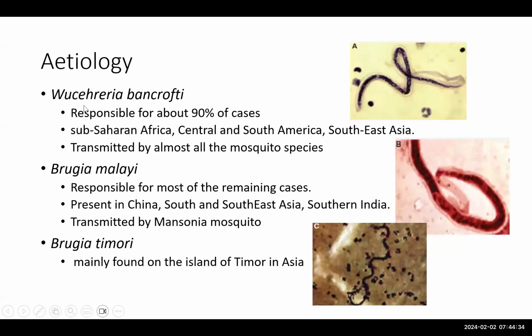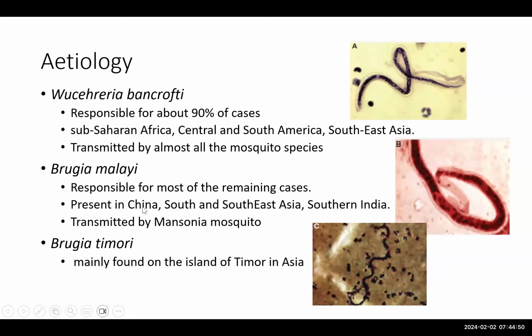So these are the 3 worms that cause lymphatic filariasis. We have Wuchereria bancrofti, which, like I've said, accounts for up to 90% of cases, and it's transmitted by most of the mosquito species. I'll show them in the next slide.